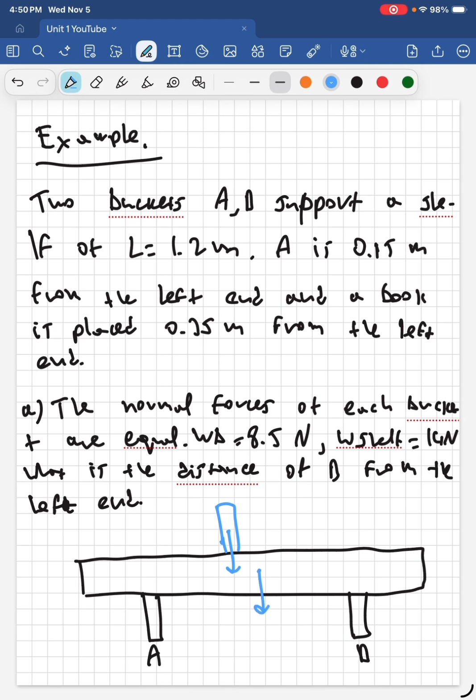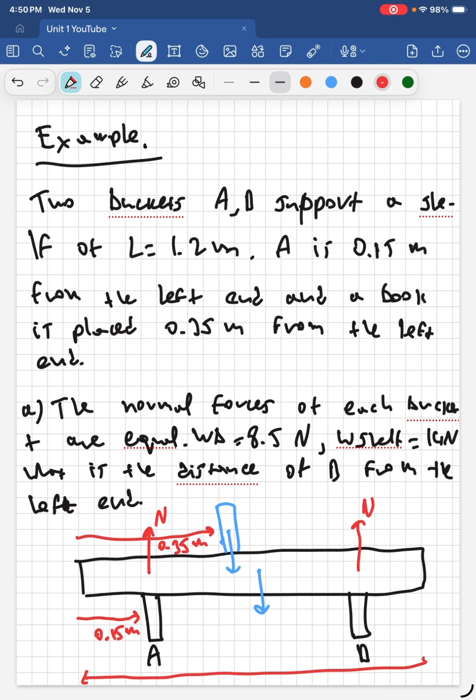Okay, and there is a weight downwards, and then we have the two reaction forces up, okay, from the buckets. This is 0.15 meters, and the book is at 0.35 meters. Okay, and the whole shelf, I'm sorry, not the rod, is 1.2 meters. Okay, so how do we solve this thing?